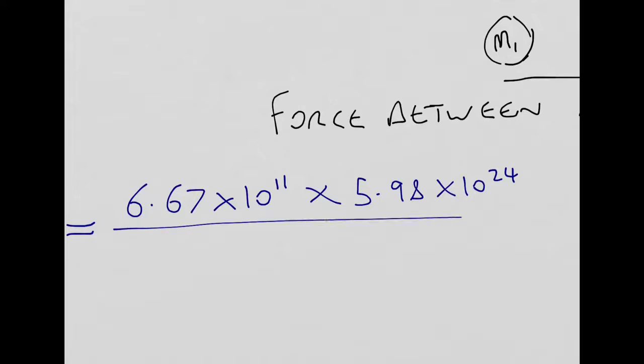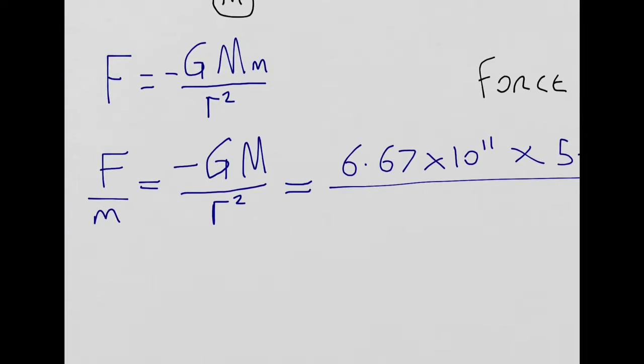We'll divide that. Now, the distance between the two objects, so we have to think about this. In this case, we have to consider the distance between the centre of the Earth and the centre of the test mass. The centre of the Earth, well, that's easy enough, we kind of know where that is. The centre of the test mass, well, if we're saying at sea level, the centre of the test mass will actually be the radius of the Earth away from the centre.